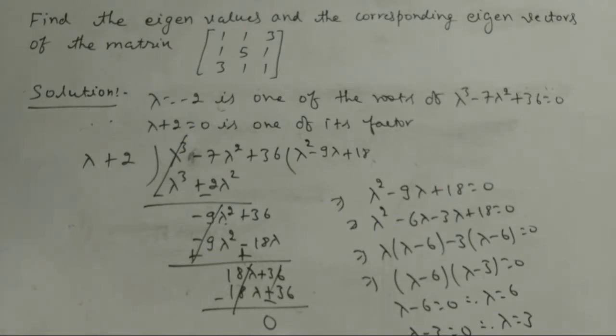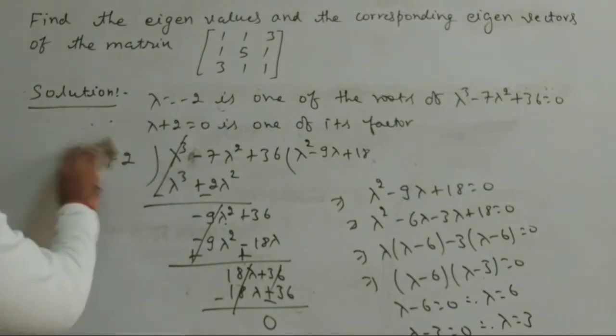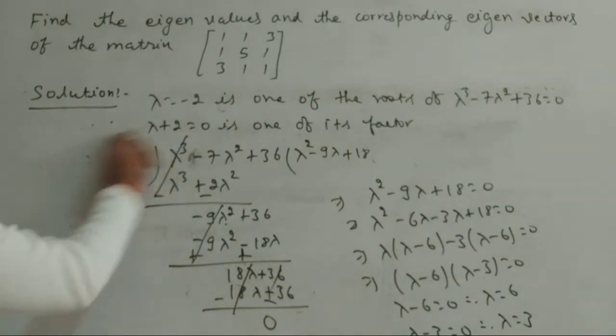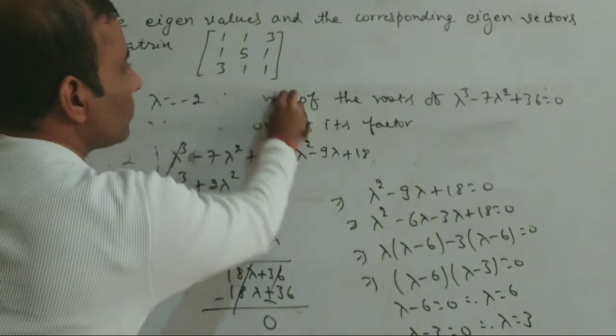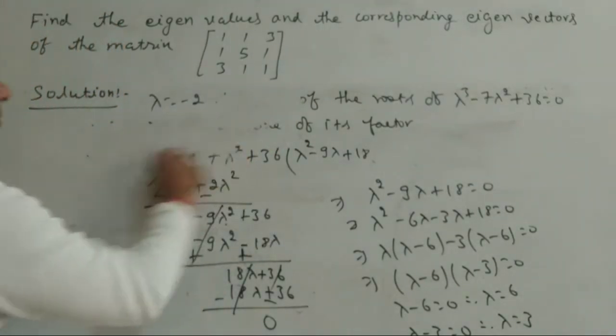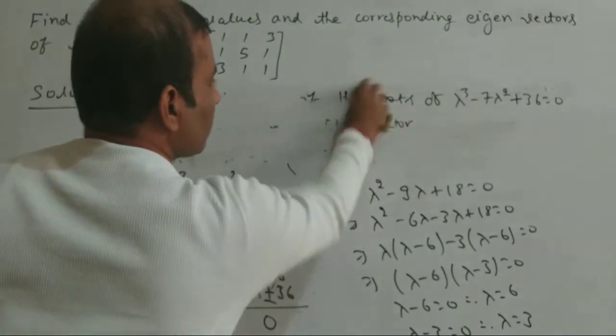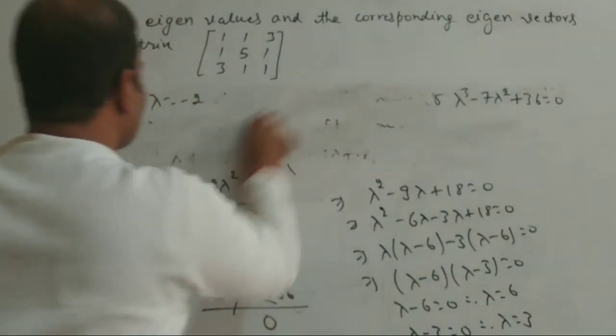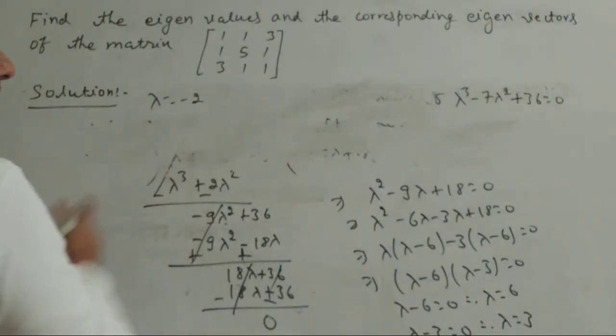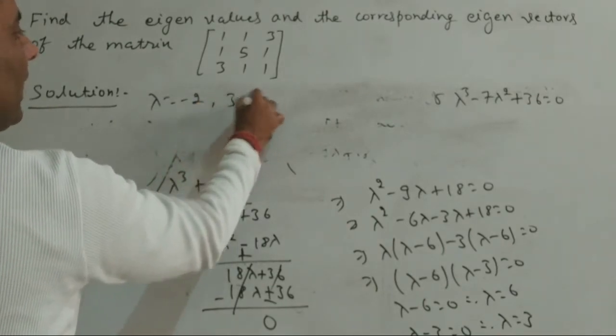Note down: lambda equals minus 2, 3 and 6.